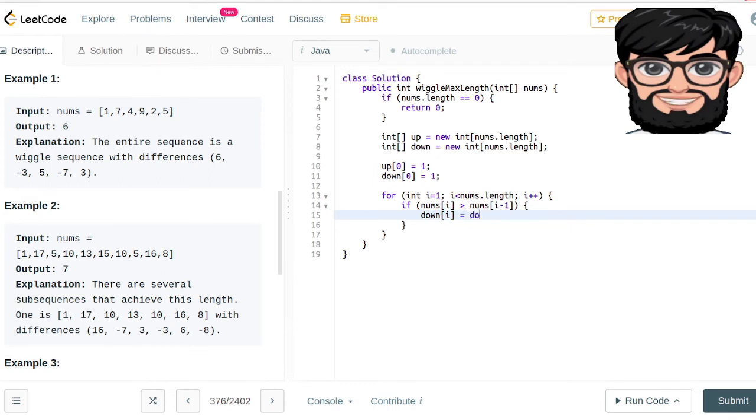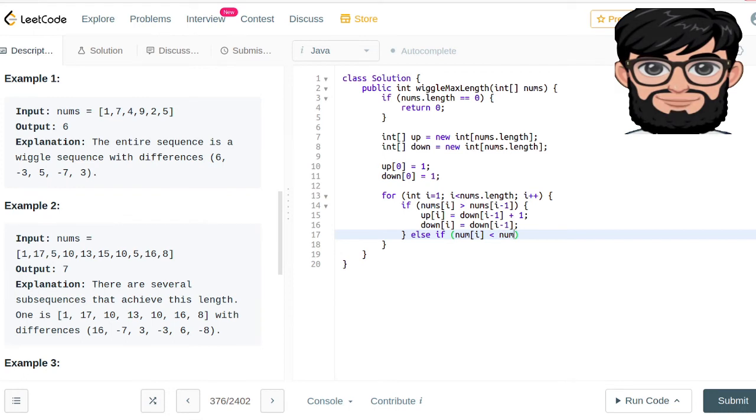So the down, which is keeping a record of the indices which are adding up to go down, is going to stay the same, but the up of i is going to become equal to whatever the down was plus 1, as both of these arrays are keeping a record of the indices.